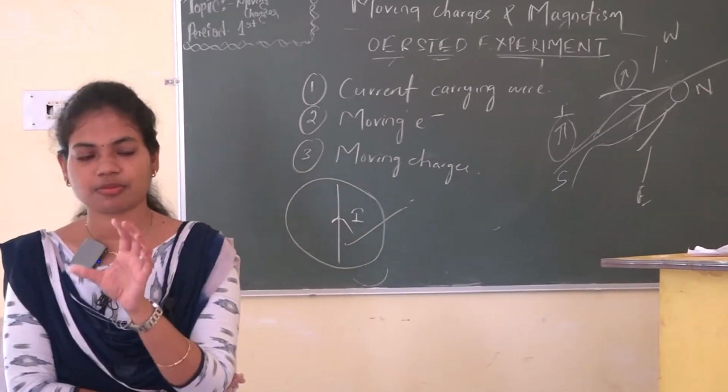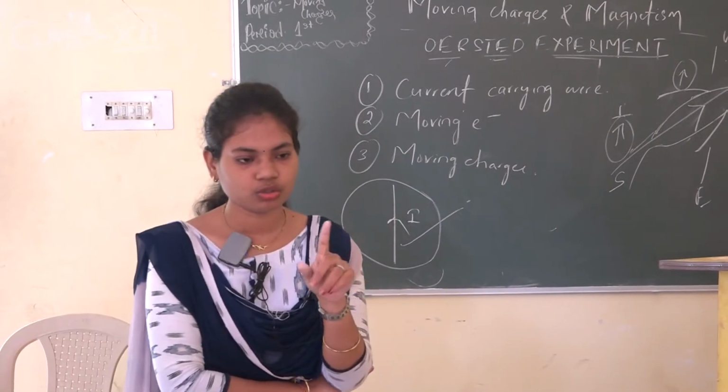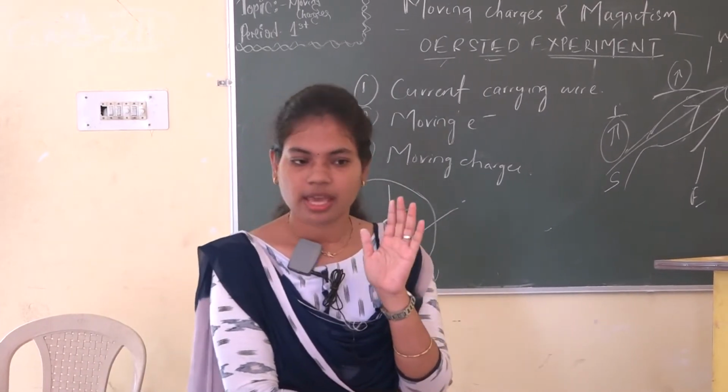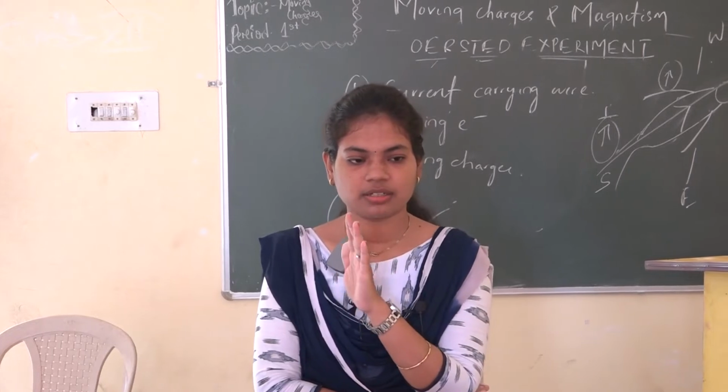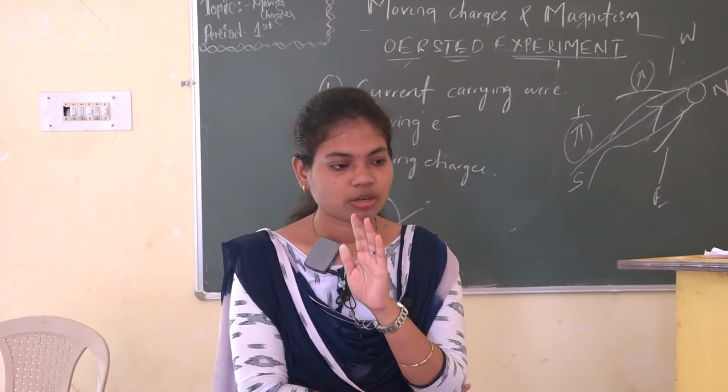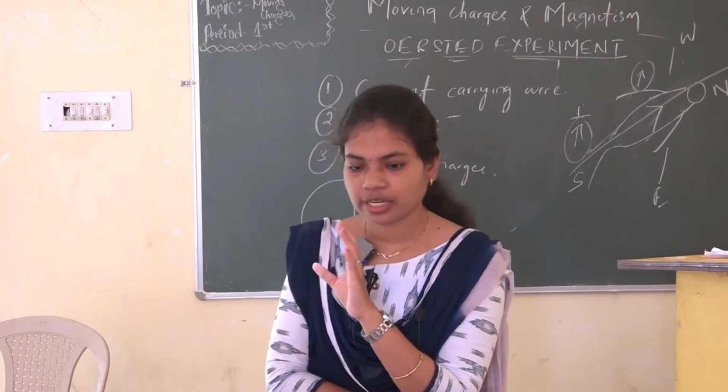What is the expression for electric field? E equal to F by Q. So what is the unit? Newton per coulomb. What is the unit of electric field? Newton per coulomb.